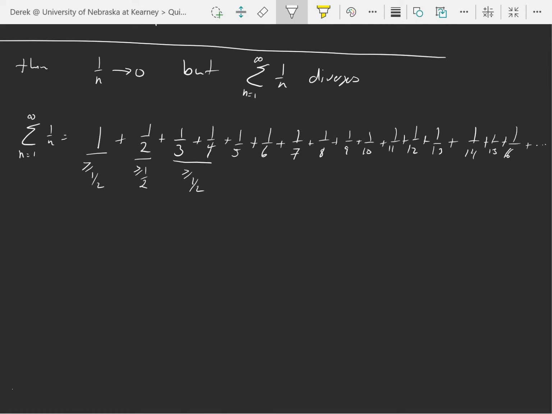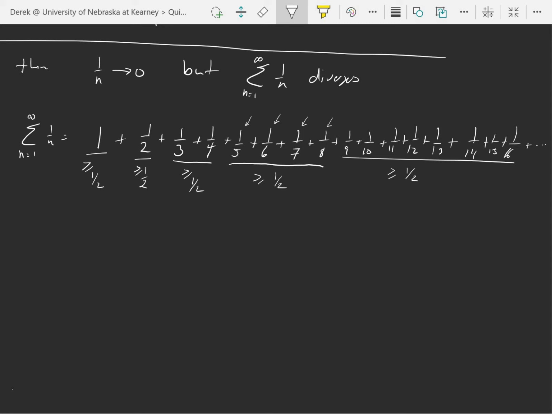Because I've got something bigger than a fourth plus a fourth, that's going to give me something bigger than or equal to a half. These four things together, each bigger than or equal to an eighth, so four things bigger than 1/8 together would be bigger than or equal to a half. 8 things bigger than or equal to a 16th are bigger than or equal to a half.